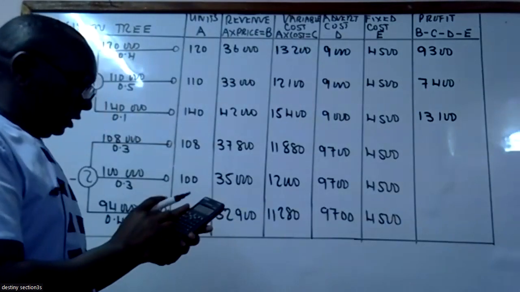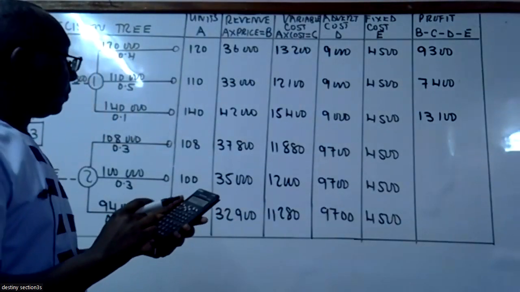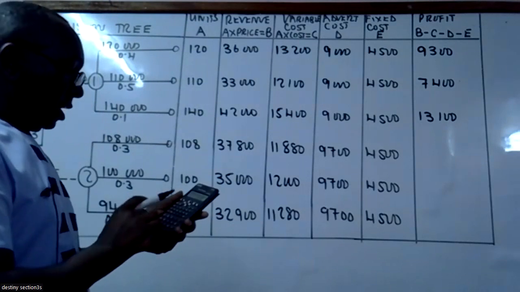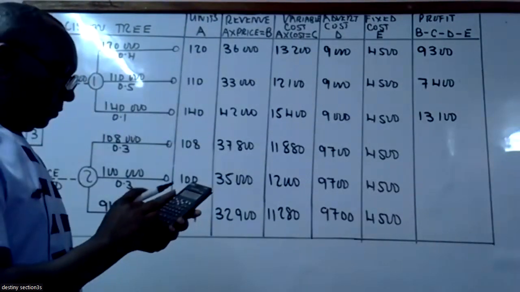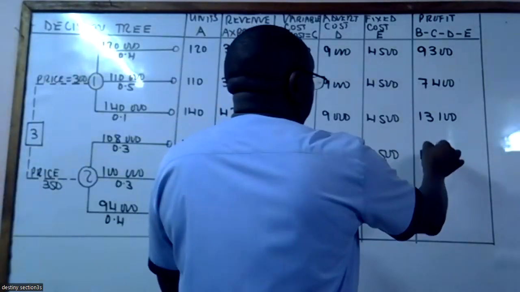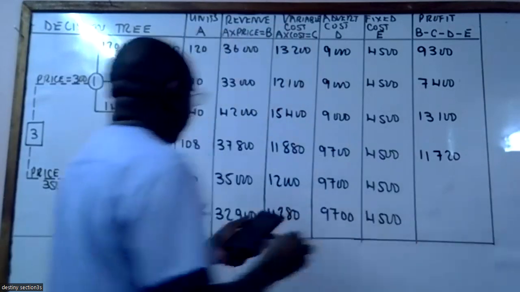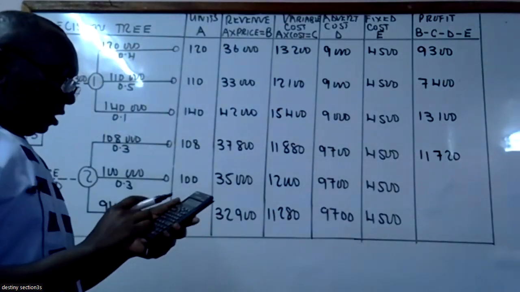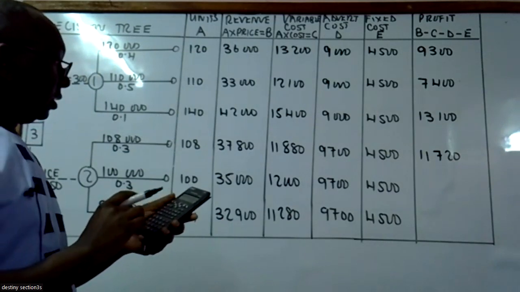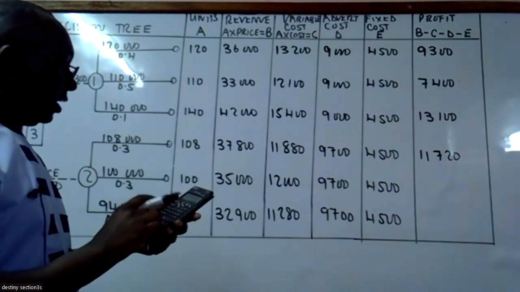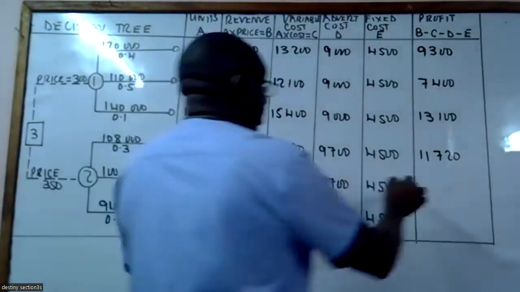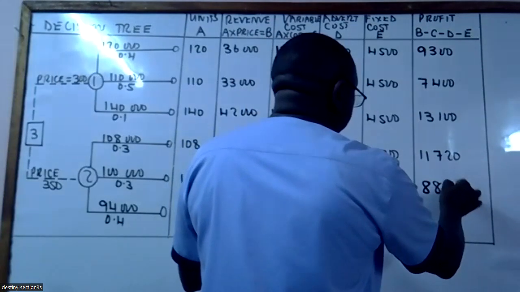And then that is 37,800 minus 11,880 minus 9,700 minus 4,500 is 11,720. 35,000 minus 12,000 minus 9,700 minus 4,500 is 8,800.